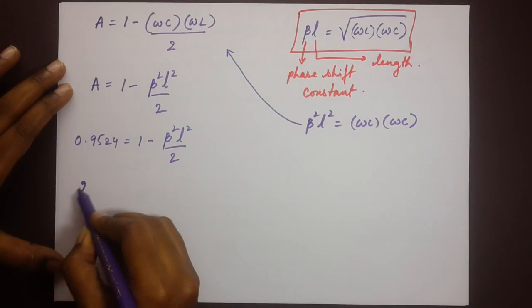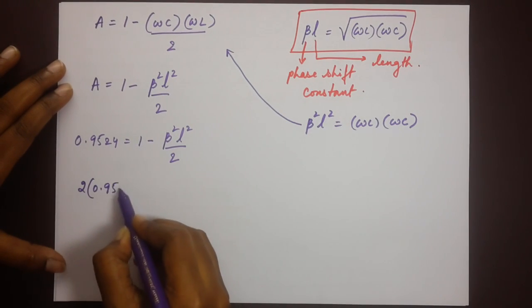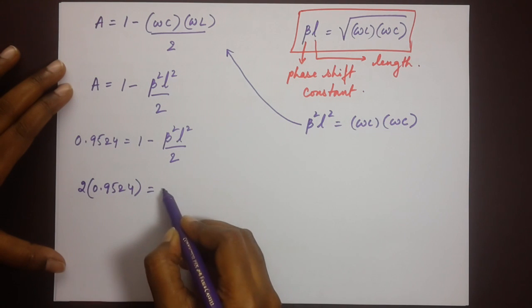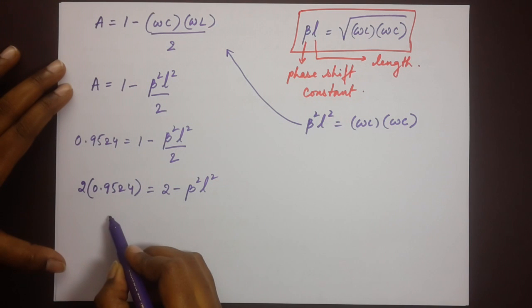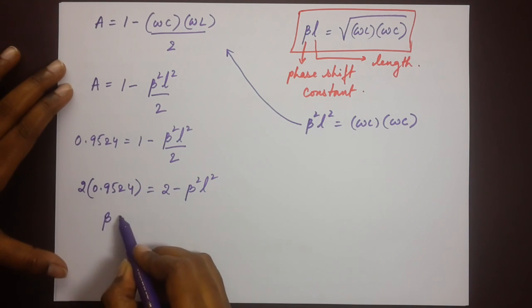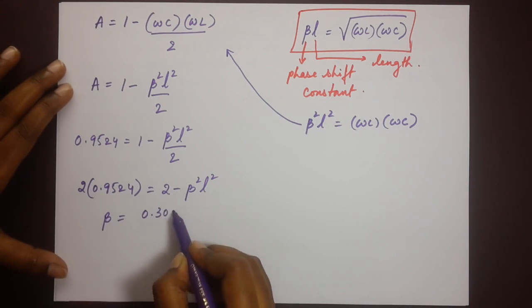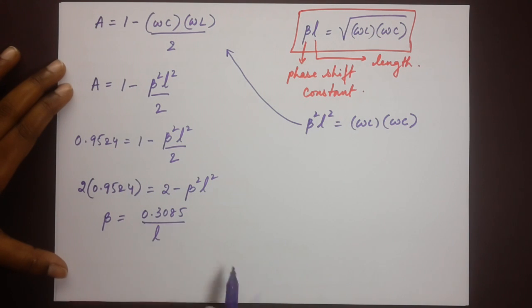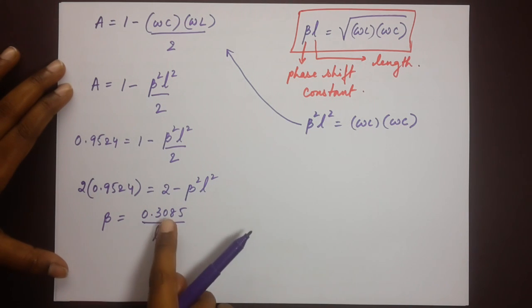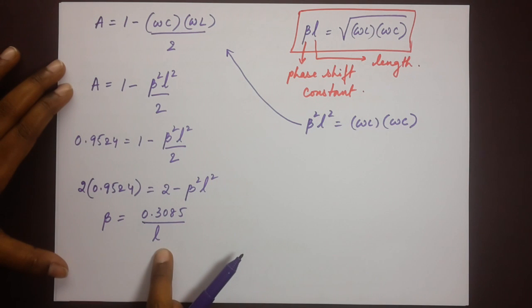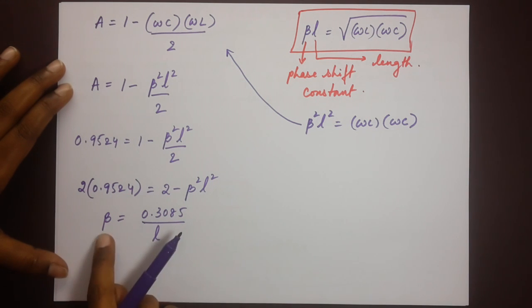So let's cross multiply and try and get it in terms of beta first. So here we have 2 into 0.9524 is equal to 2 minus beta square L square. Solving this even further, we get beta is equal to 0.3085 divided by L. I am writing it in terms of beta so that we can remove beta. Now beta has another formula.